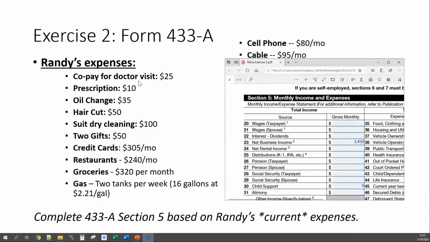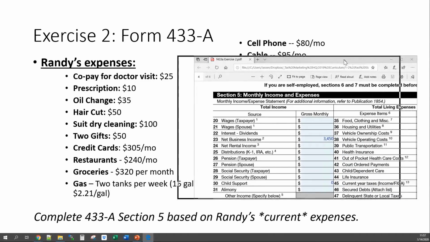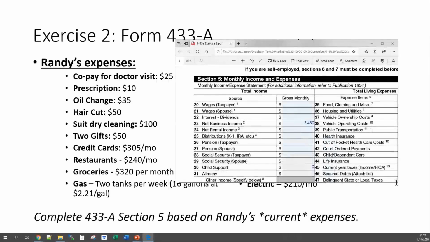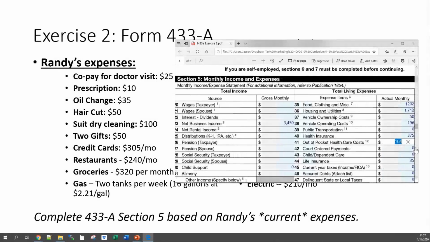Okay, copay for doctor visit, $25 a month. Where does that go? Well, that is an out-of-pocket healthcare cost.